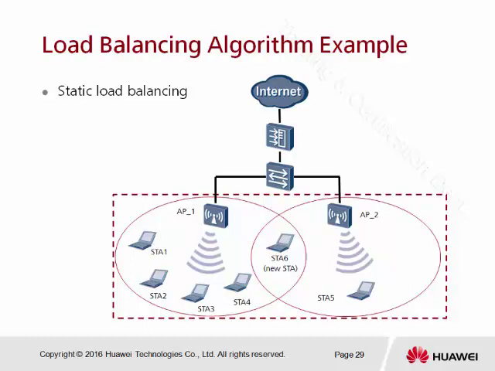For the static load balance, the configuration will be very different. It doesn't work the same way as the dynamic. For dynamic, you use a load balance algorithm and do the calculation. But for the static load balance, you have to manually create the group. So I need to group AP1 and AP2, and then tell them which radio you're going to use for the load balance.